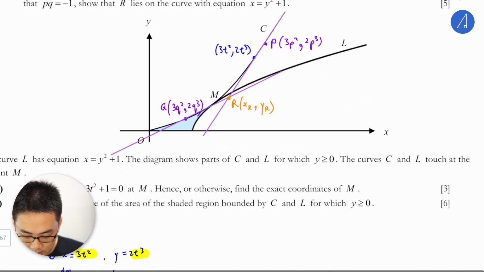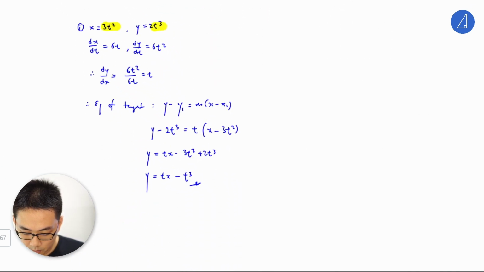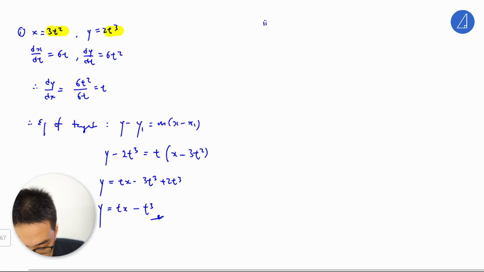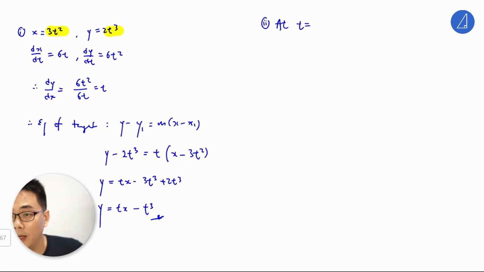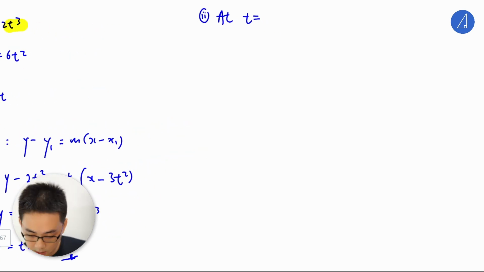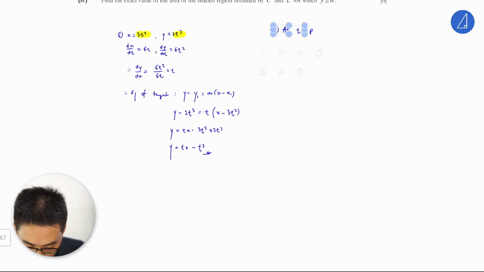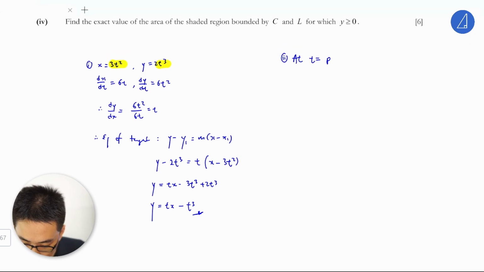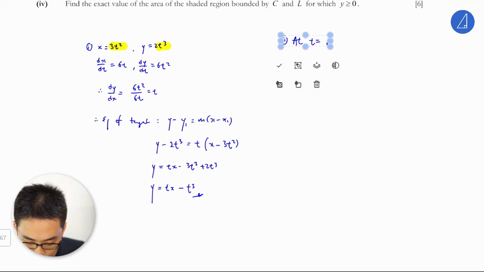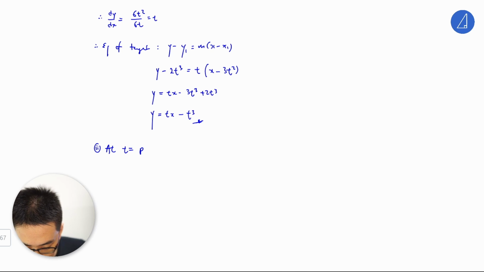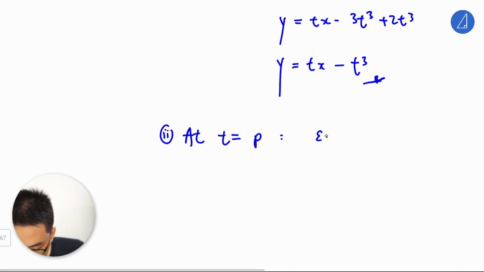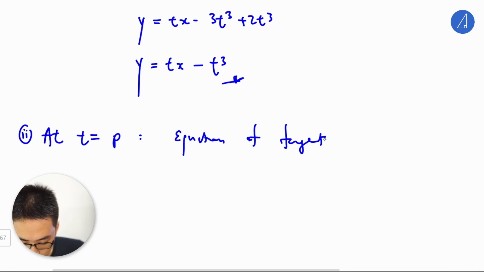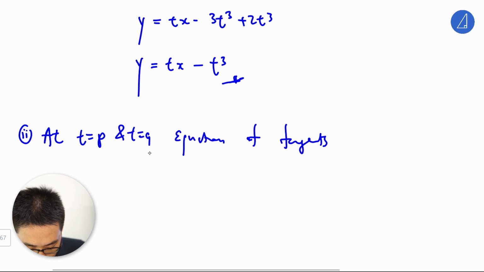So in this case, at parameter t equals p, we already have the first one. Just use the previous equation of tangent. There are two parameters here.